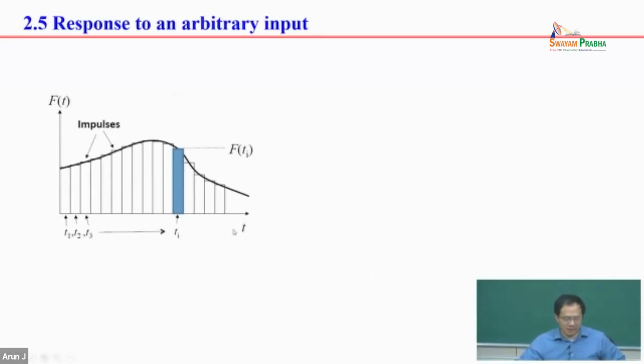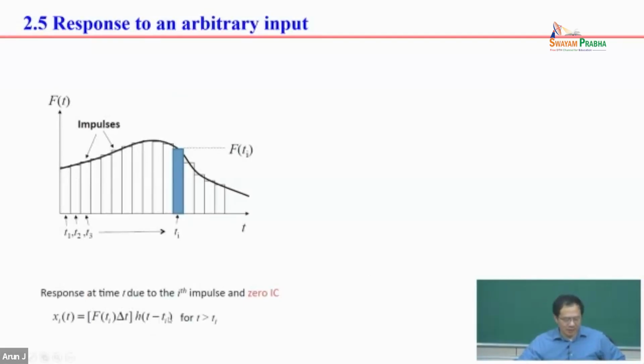You take this force as a set of small impulses and add them together. Each impulse has amplitude F at t_i times a small delta t.